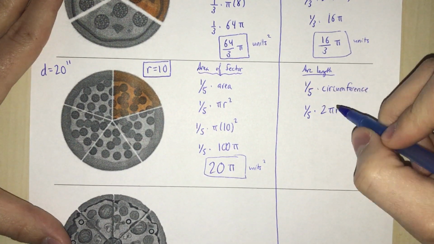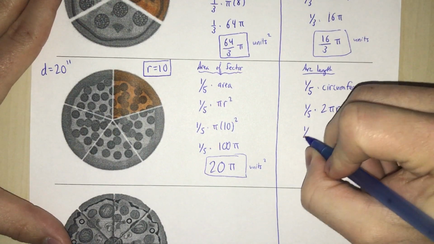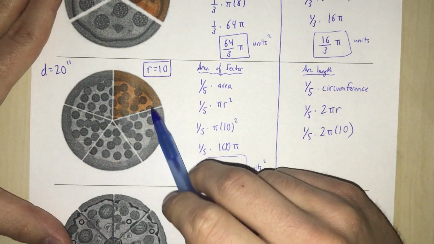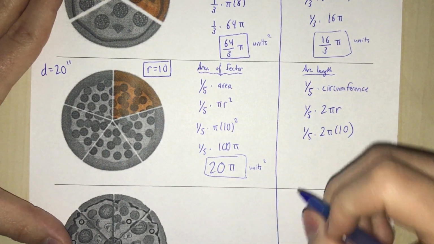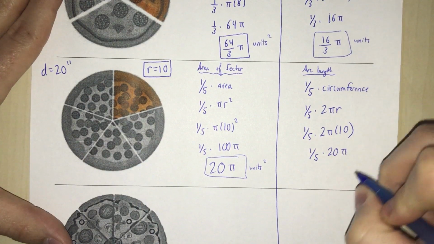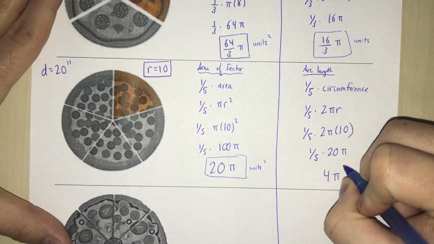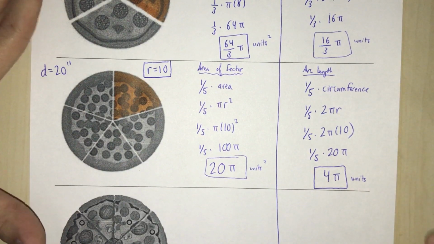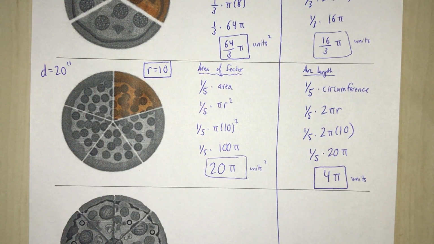So that's 1/5 of 2 times pi times 10, because the radius is 10. That's 1/5 of 20 pi, which is 4 pi. And then those would just be units, because it could be just inches or anything like that. So again, not a crazy hard concept. You just got to know the fraction, though.